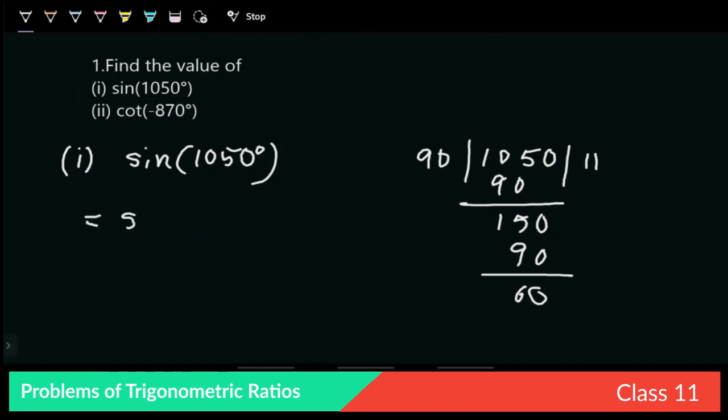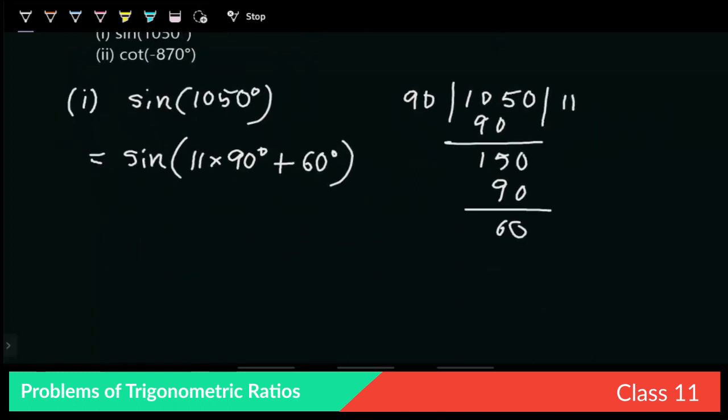So in the second line I can write here 11 into 90 degree, that means pi by 2, plus 60 degree. Okay, so I can write this 1050 degree as sine of 11 into 90 degree plus 60 degree.